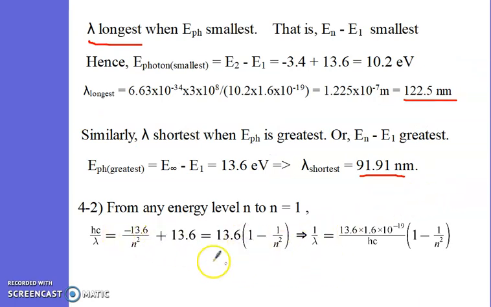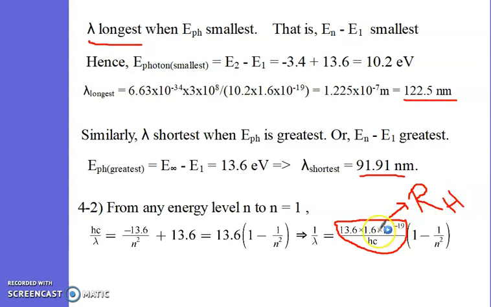So if you do the calculation, take here 13.6 as common factor between this and that, and then divide by hc. Look here, I have changed 13.6 from electron volt into joules. You multiply by 1.6 times 10 to the power minus 19. This is a constant number, right? So this is RH, Rydberg constant for the hydrogen atom.